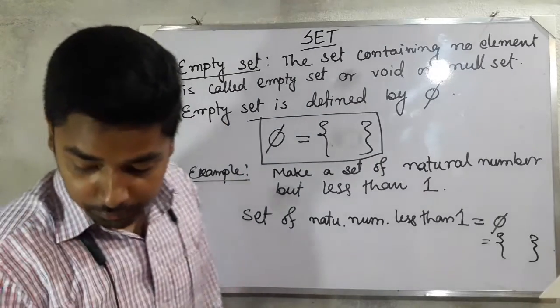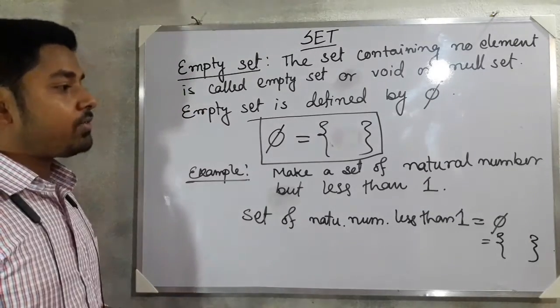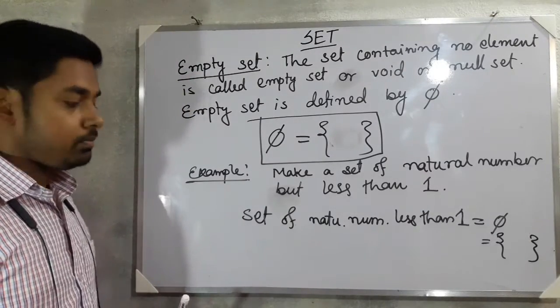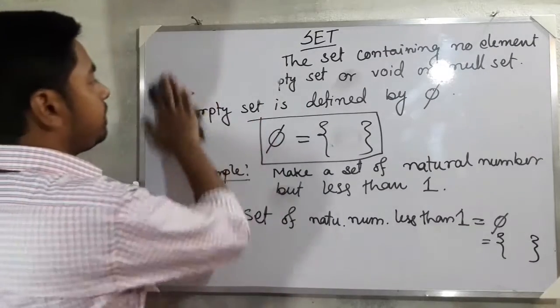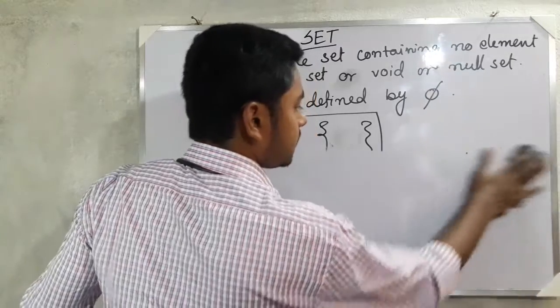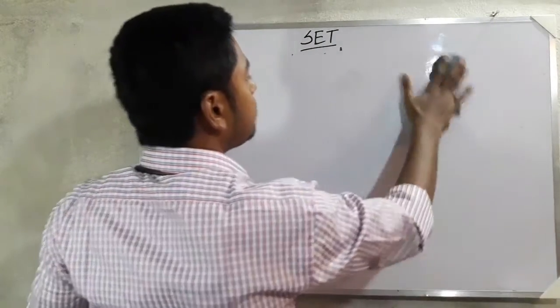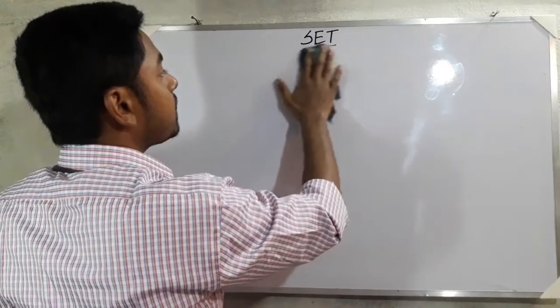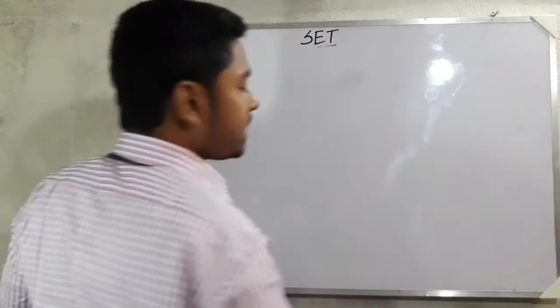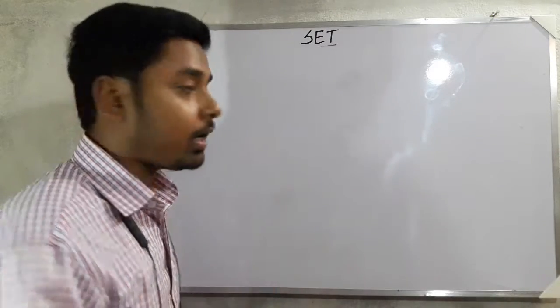Now we will discuss the singleton set. Pause the video to note it down. Now, singleton set. Singleton set means what? Try to understand the meaning from the term. Single means only one.